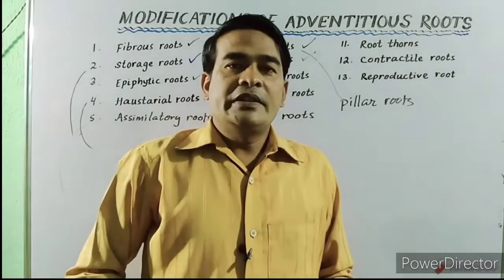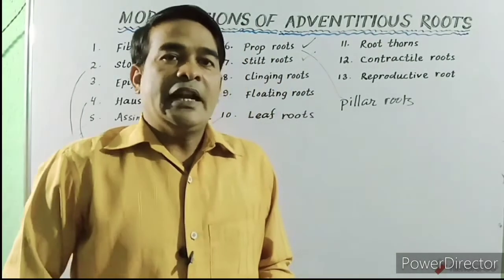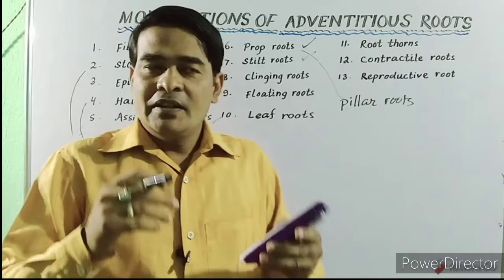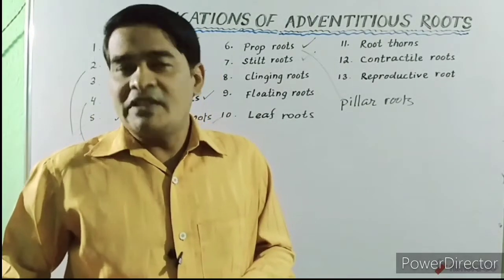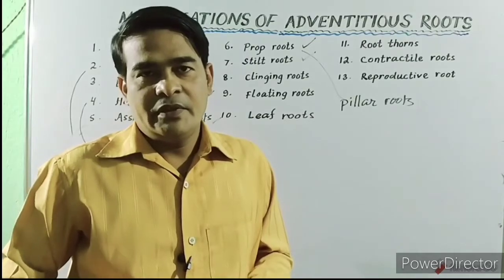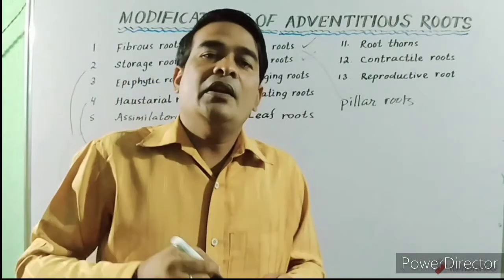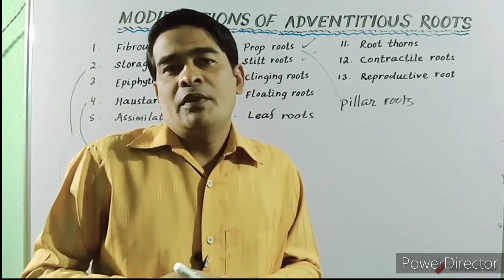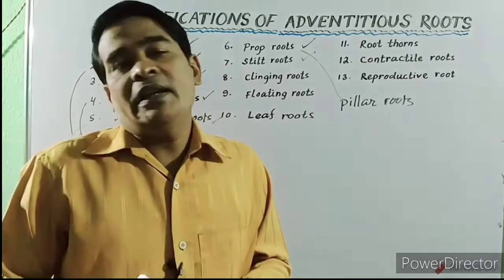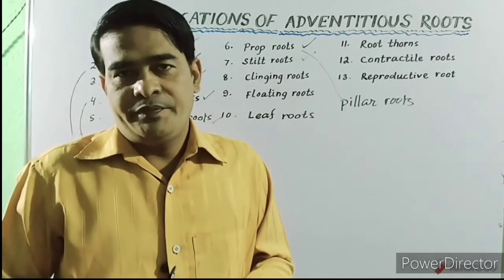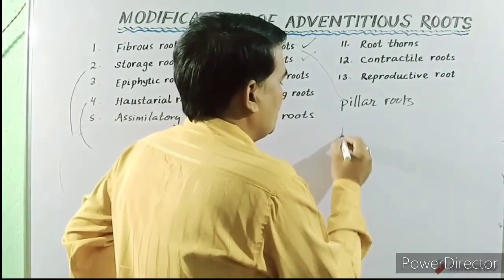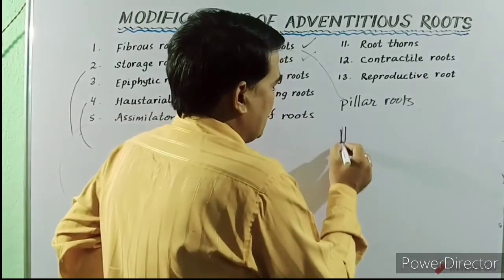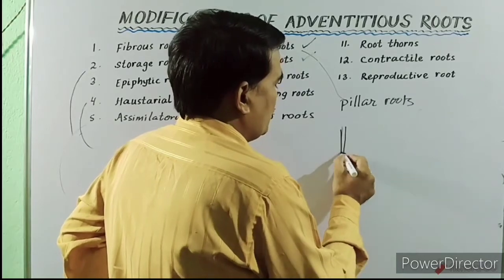So, the stilt roots are adventitious roots which arise from the lower nodes of the stem. They generally arise in whorl, become thick and penetrate the soil obliquely. Like this. Suppose this is a stem, which are nodes.